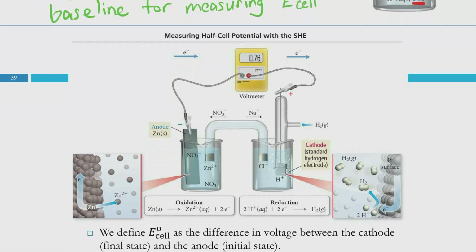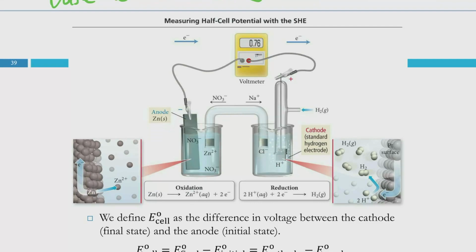So this is what measuring half cell potential with the standard hydrogen electrode would look like. So we've got our standard hydrogen electrode, that's our zero, our baseline, our reference point. And then we've got the thing that we're testing.